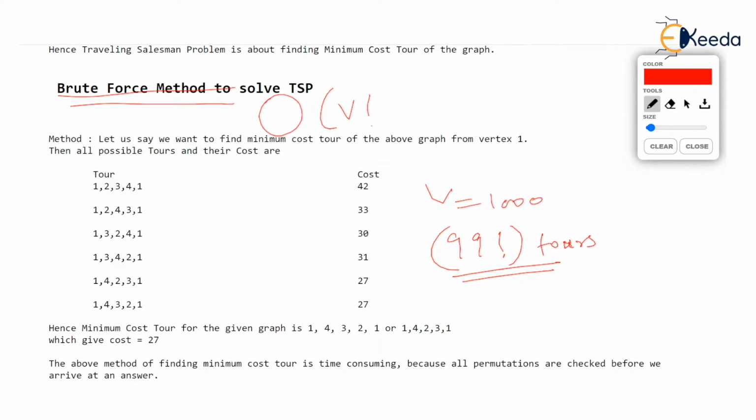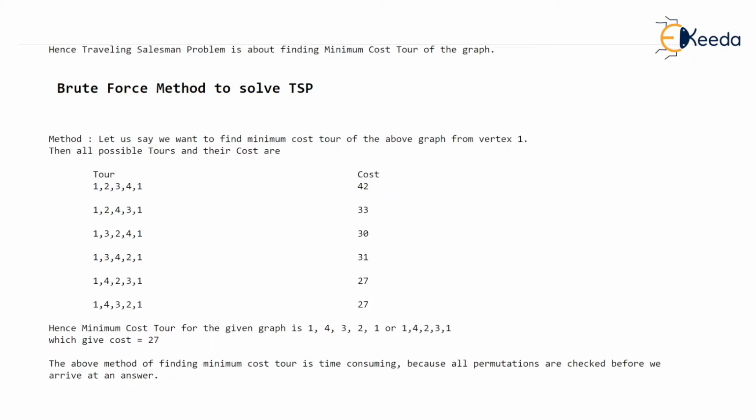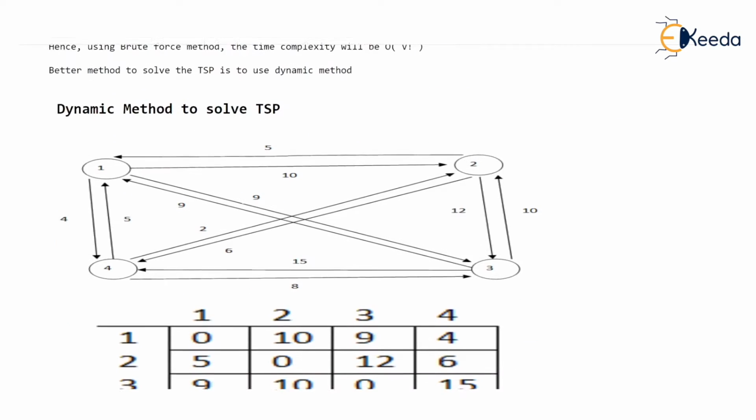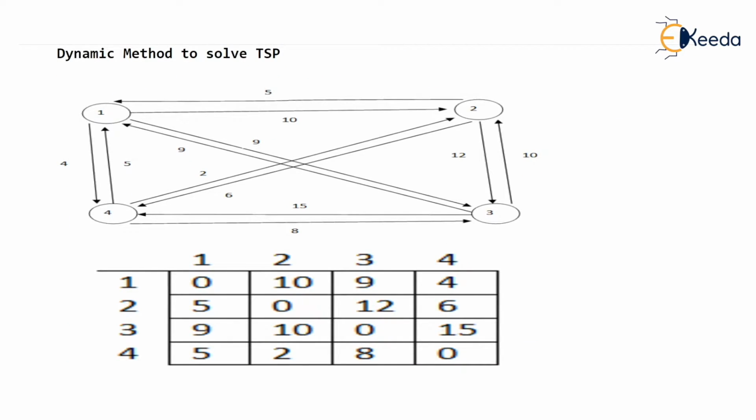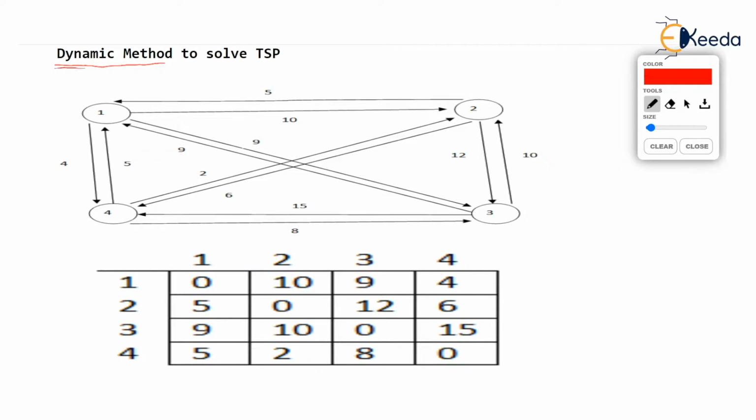Now we have an alternate approach to solve the traveling salesman problem, which is the dynamic approach. The dynamic approach will not take that much time, which is big O of V factorial, but definitely in advance I will tell you that the dynamic method is not going to be super fast as compared to the brute force method.